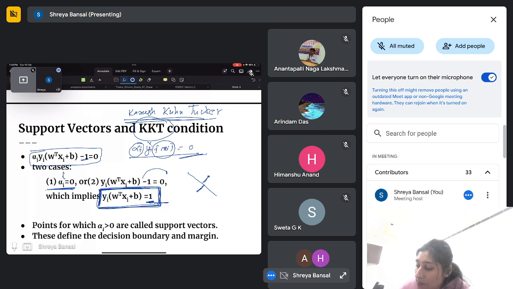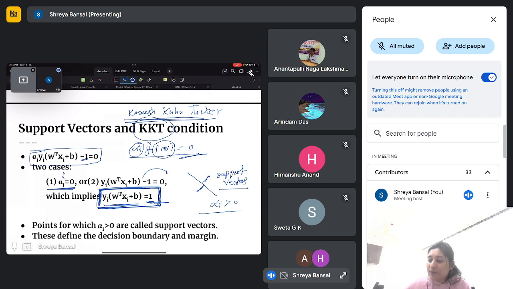So basically I am saying these points are the closest points and these are called support vectors. We can define support vectors where alpha I is greater than 0, not 0. Alpha is 0 for the other vectors, but the support vectors will have alpha I greater than 0. So if you have the values of alpha, you can have the support vectors.